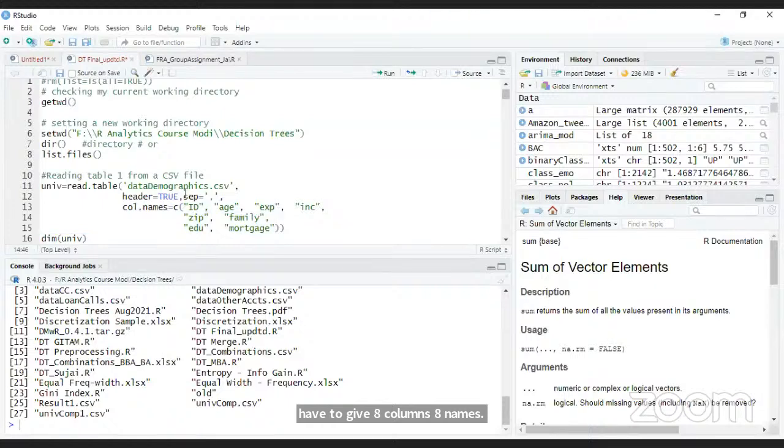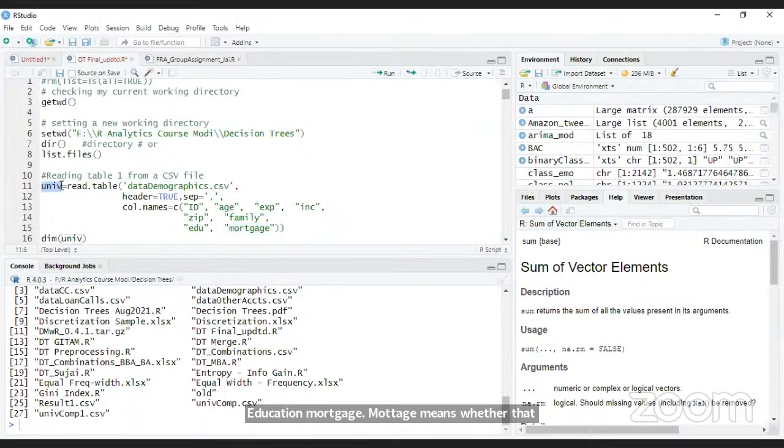So the number of rows is immaterial. Mainly we are concerned with columns. So the first column is id, second is age, third is experience, fourth is income, fifth is zip code. Zip code is like your pin code. Then family size, education, mortgage, meaning whether that individual has some other existing loan.